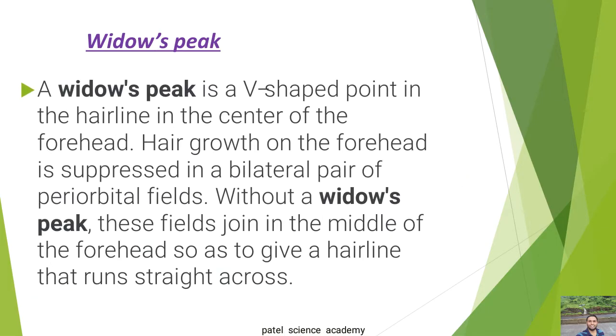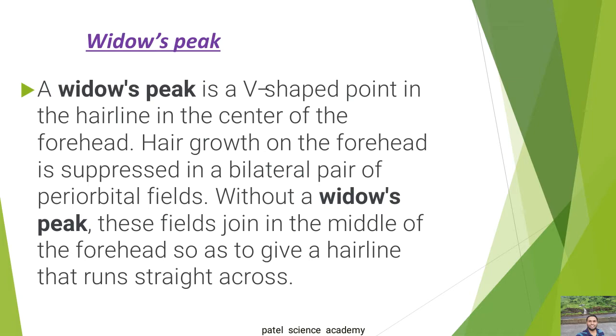What is widow's peak? Dear students, a prominent V-shaped hairline on the forehead of a person is described as a widow's peak and is determined by an autosomal dominant gene. So widow's peak occurs in homozygous dominant individuals, indicated by capital W capital W, and also heterozygous individuals, that is capital W small w. So widow's peak is a V-shaped point.